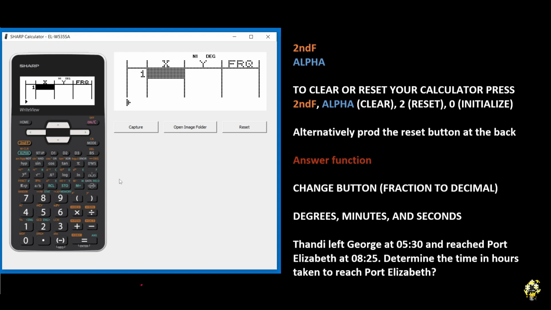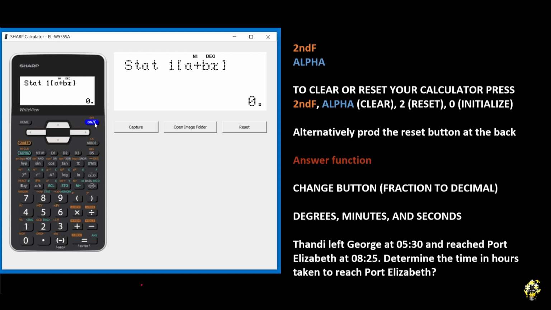First, you see now when I go to the home screen, I have a stat instead of the normal mode. I don't want that, because it will give me wrong answers, as my calculator will be interpreting everything that I'm inputting as statistics mode. So I want it to be on the normal mode.